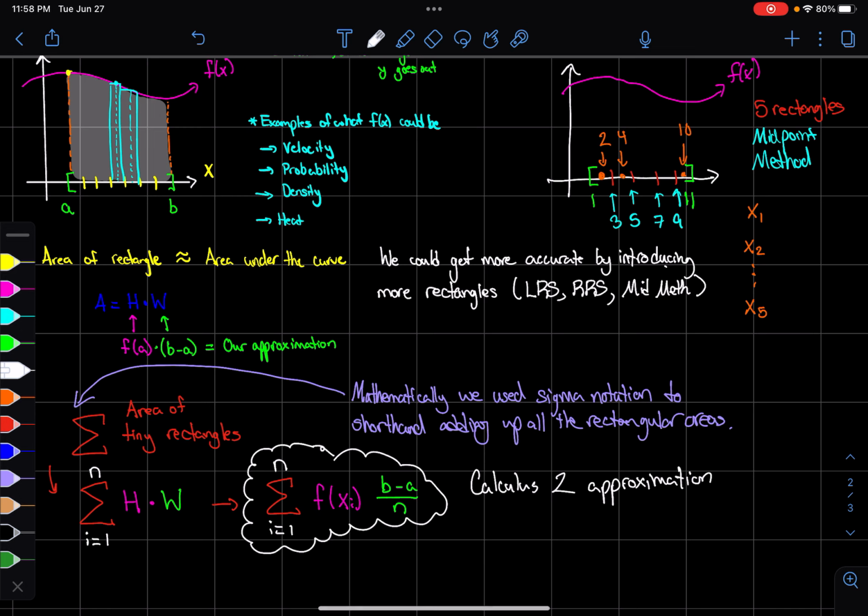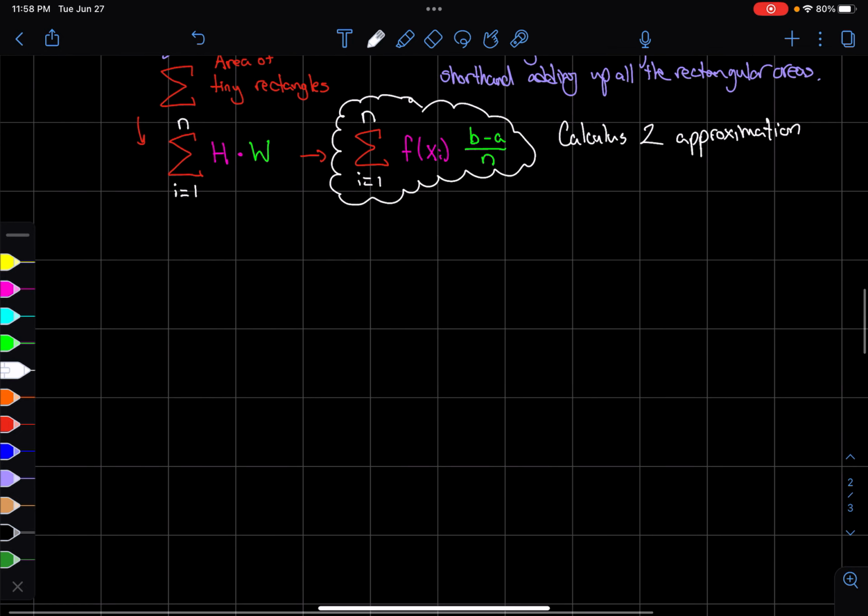Okay. And also in Calculus 2, we took this concept and we said, okay, that's cool and all, but how do we actually get it to be very accurate? And so to get perfect accuracy, to get the actual answer, do you remember what we do? To get the actual answer, we just took a limit, right?